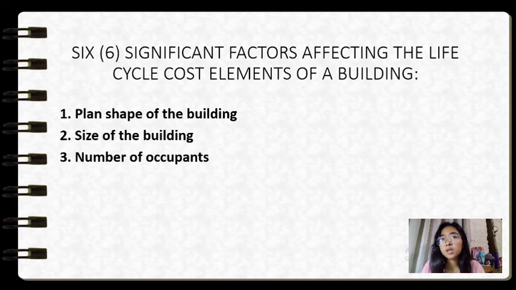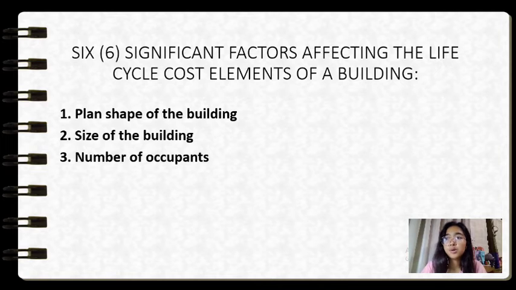Meanwhile, kapag mas complicated naman yung design and mas malaki yung binabalak na building na ipapatayo, mas marami ding magagastos. Number 3 is the number of occupants. Kapag mas marami yung occupants ng isang building, mas marami din yung resources and materials na kailangan.